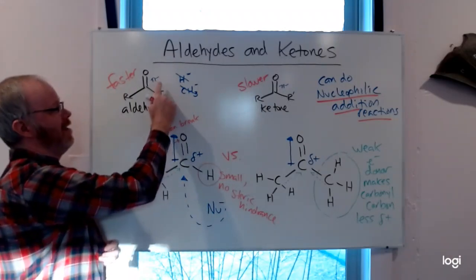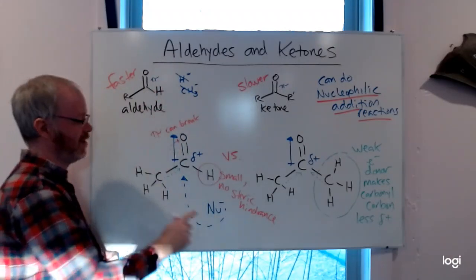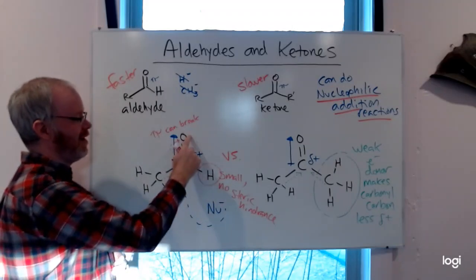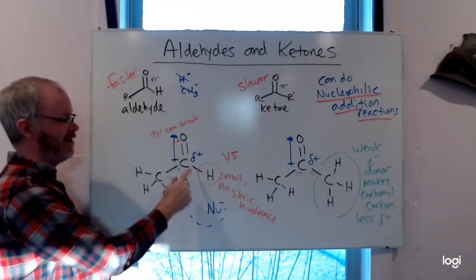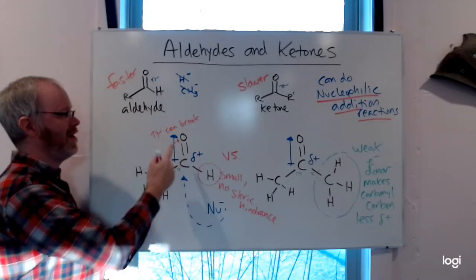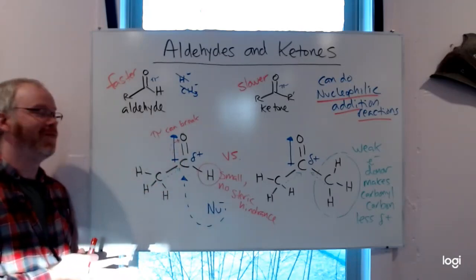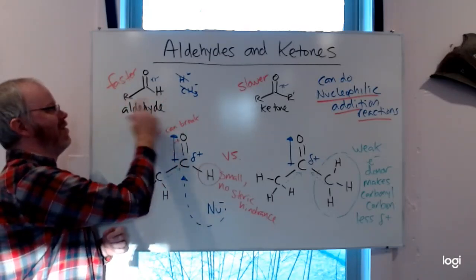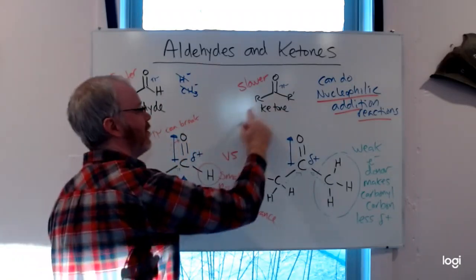So pi bonds are more reactive. So if you have a polar pi bond, the nucleophile will add to the positive end, but that pi electron bond is the thing that's going to break, in part because there's no good leaving groups on either of these functional groups.